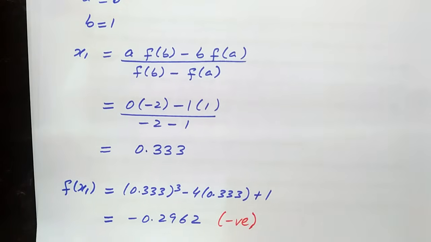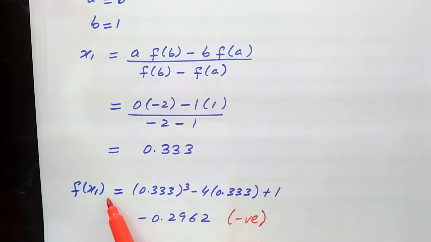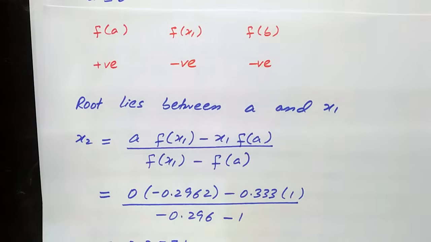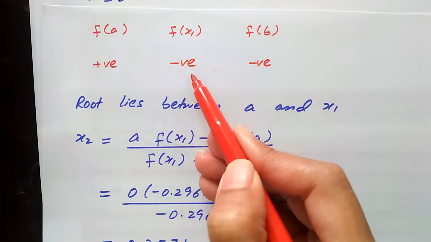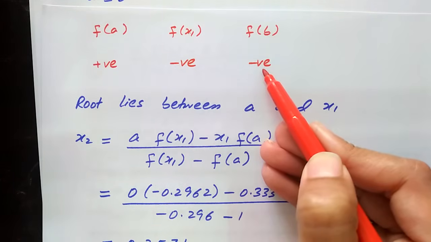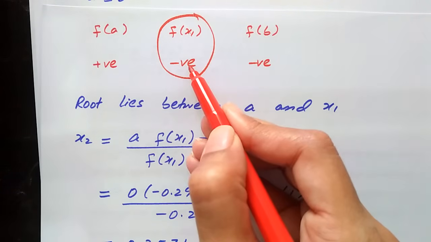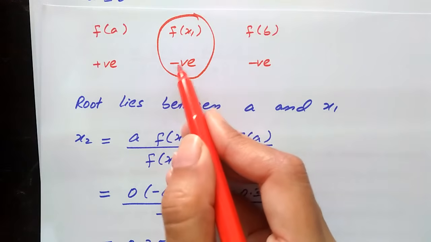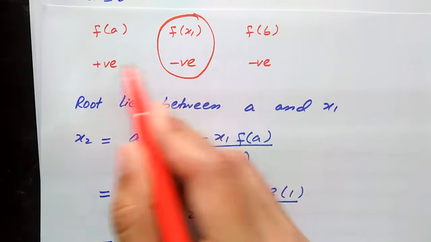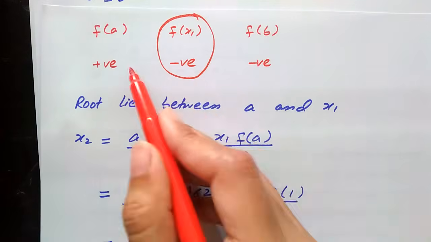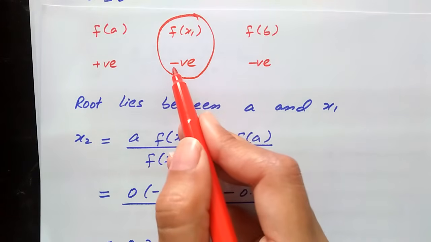Now check the behavior of this root. Put this root in the function. I got a negative value. Since f of a was positive, f of x1 is now negative, and f of b is negative, we move around this root and check whether we have the same behavior on one side or the opposite behavior.